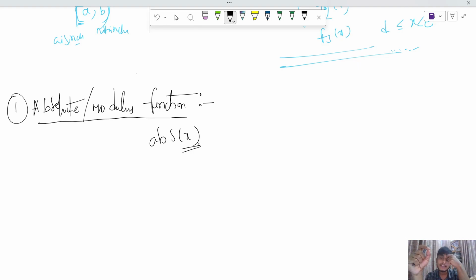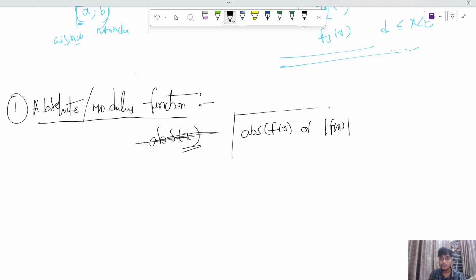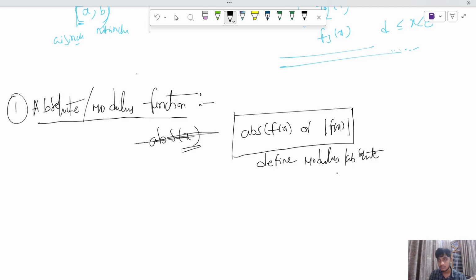That will make things a lot easier. So I won't denote it with absolute of x, which I hate. I'll denote it with absolute of f of x, or mod f of x. So this is how you will now define the modulus or absolute function.